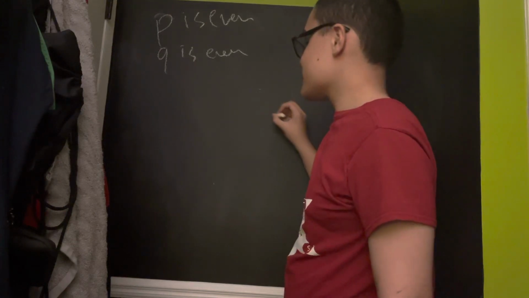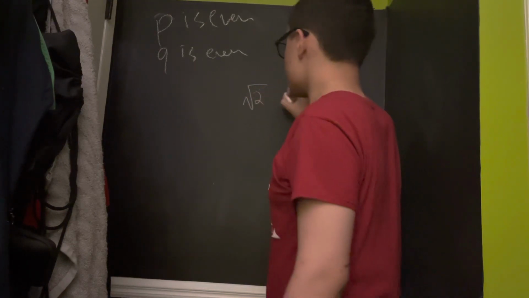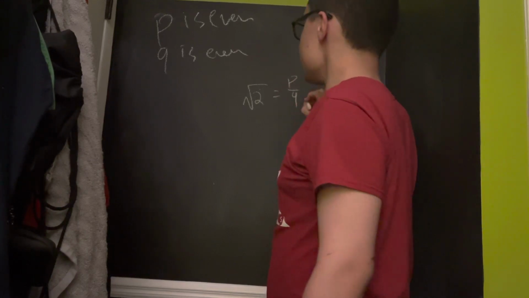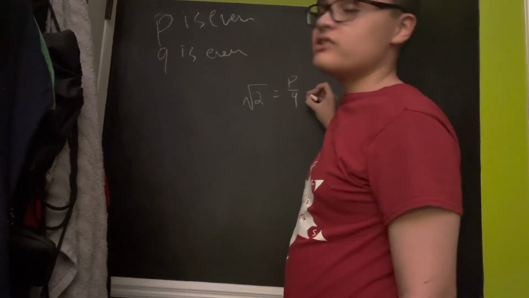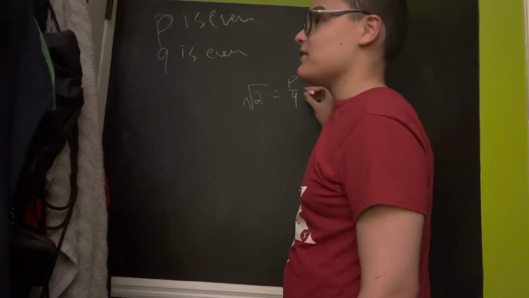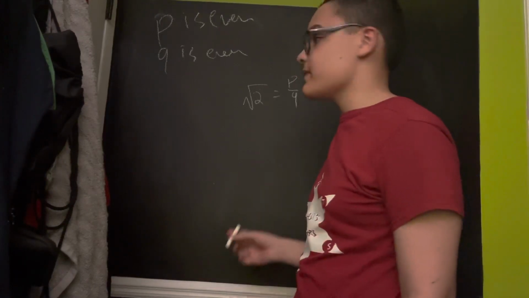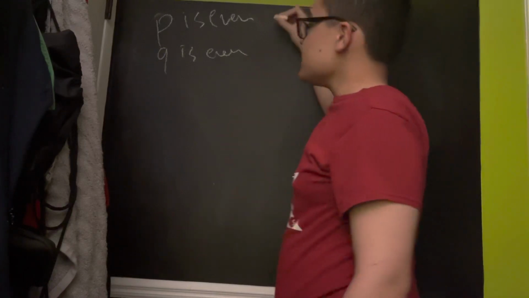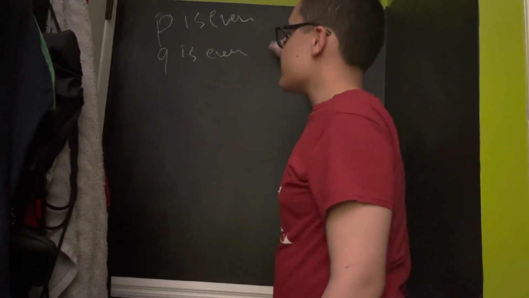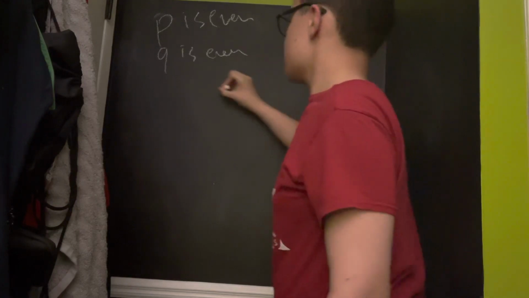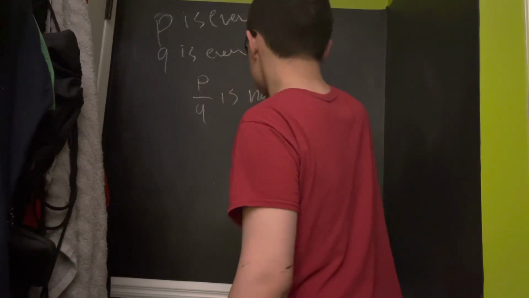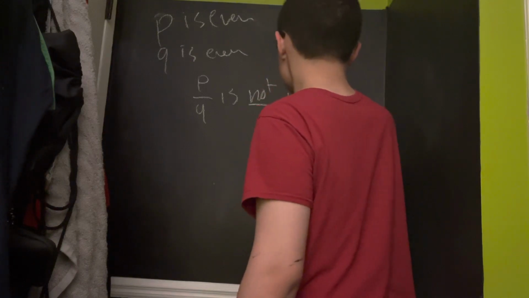However, the square root of 2, if we say that it's equal to P over Q, we're assuming that P over Q is an irreducible fraction. I forgot to state that, but that is actually an assumption you're supposed to make at the beginning. So since P is even and Q is even, that means that P over Q is not irreducible.